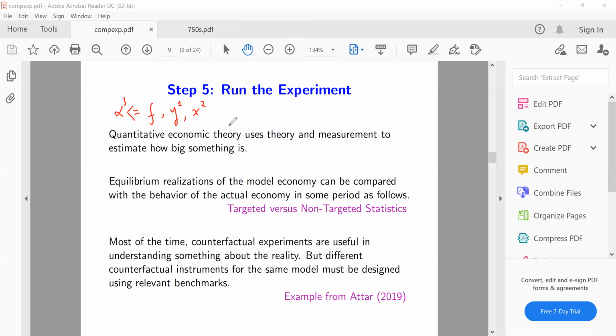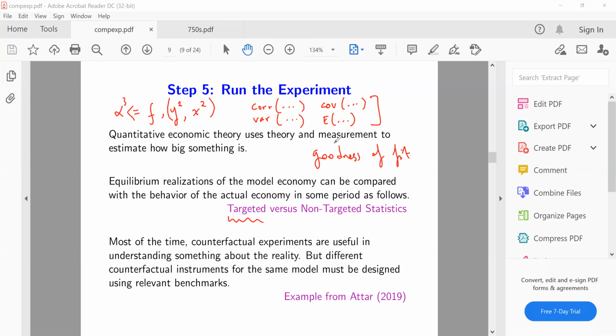Then since you are choosing alpha 3 by targeting these moments, or some correlation or variance or covariance, or expected value of certain stuff, then these are your targeted moments, targeted statistics. So ideally, you should not be using these targeted statistics to evaluate the goodness of fit.